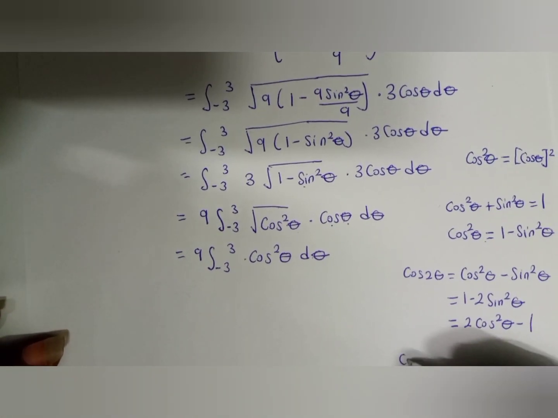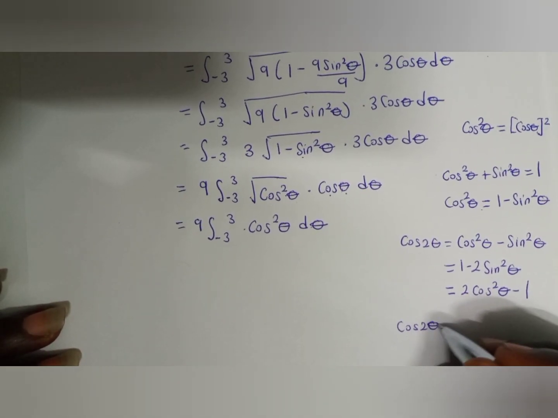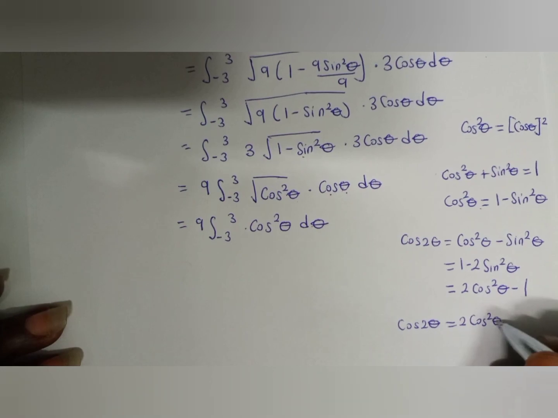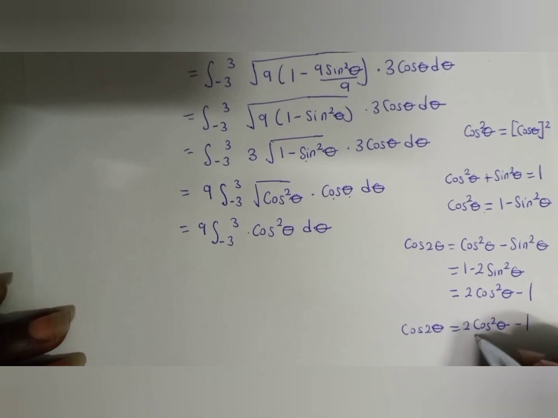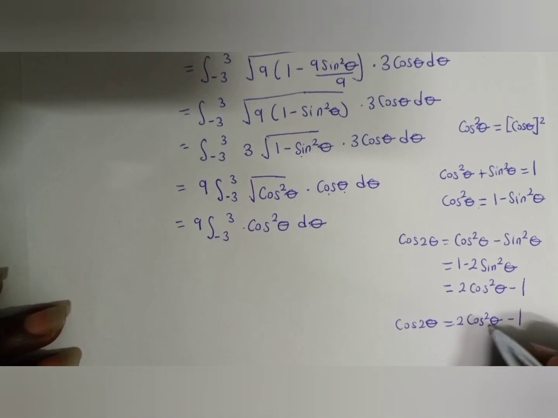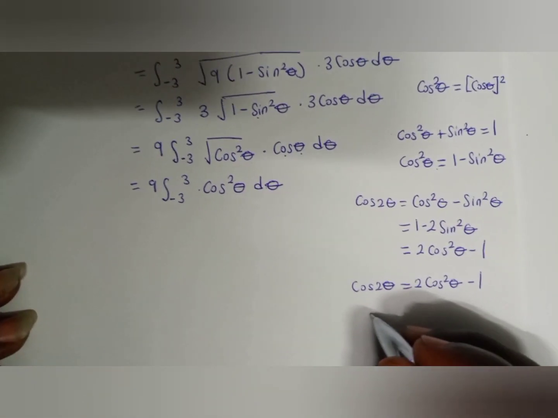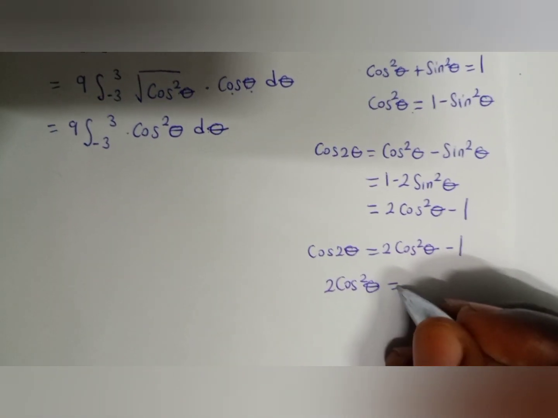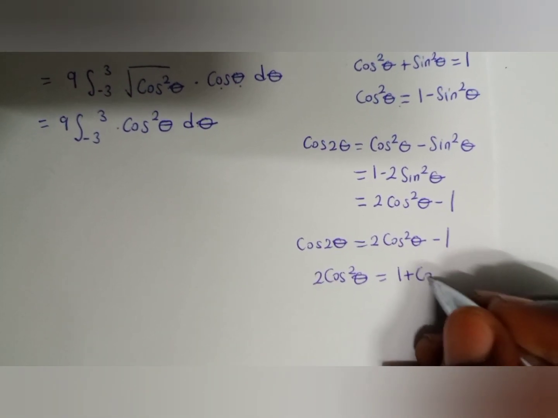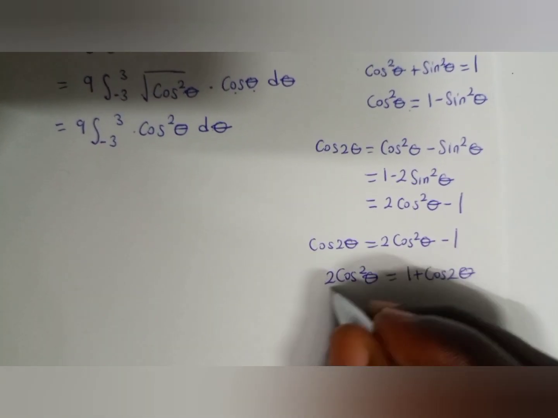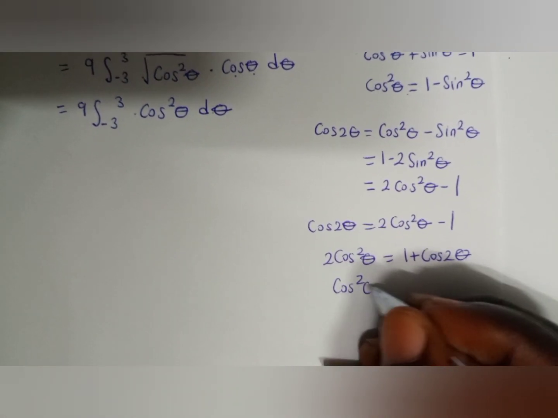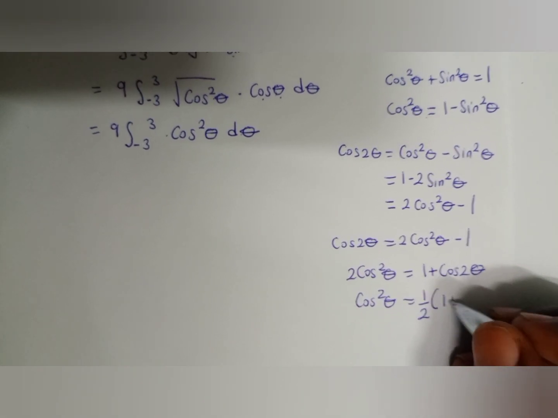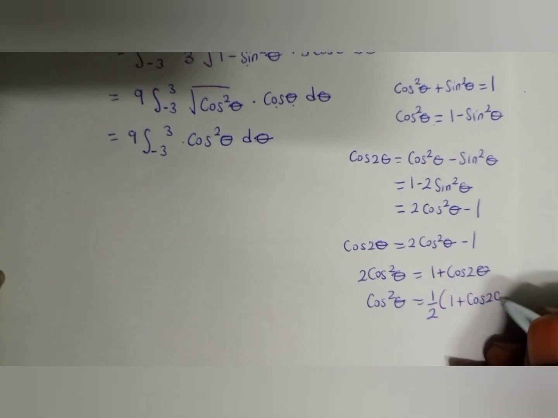So here we know that cos 2 theta is equal to 2 cos squared theta minus 1. So making cos squared theta the subject, we are going to get 2 cos squared theta equals 1 plus cos 2 theta. So cos squared theta equals half into bracket 1 plus cos 2 theta.